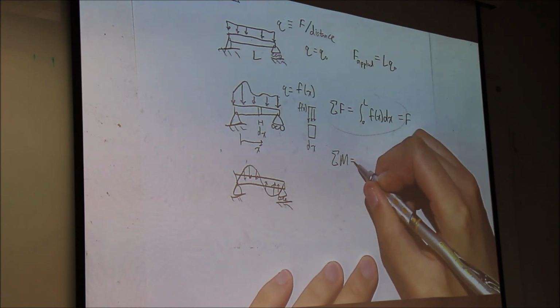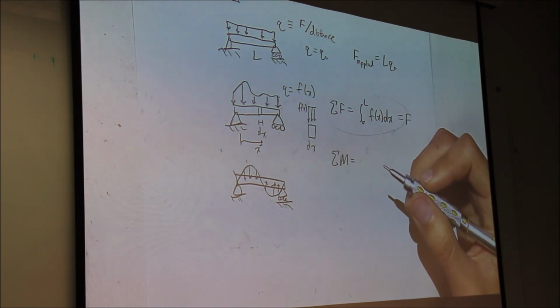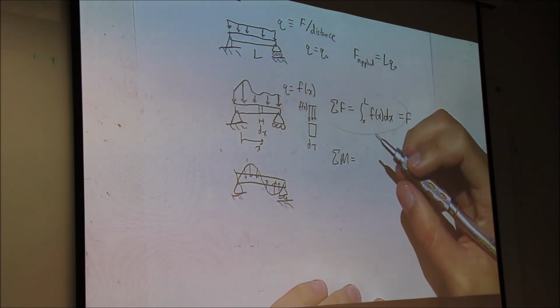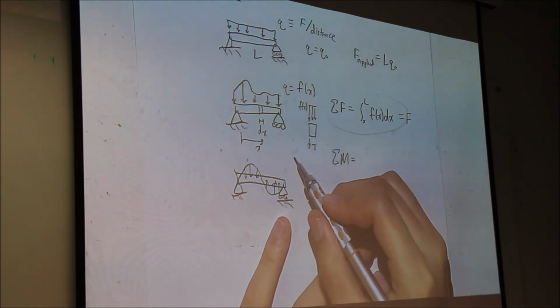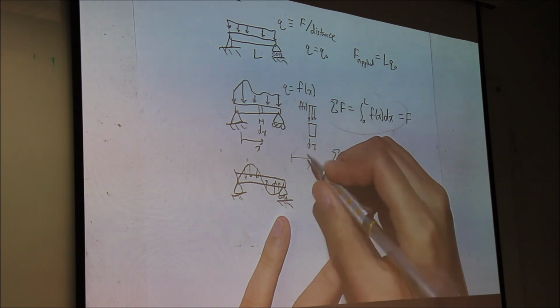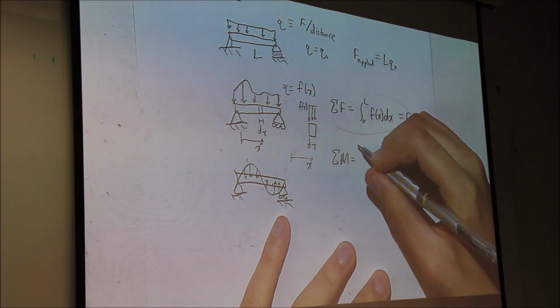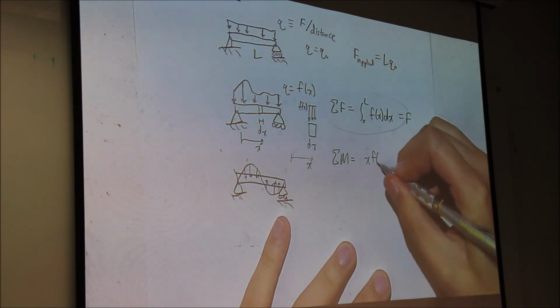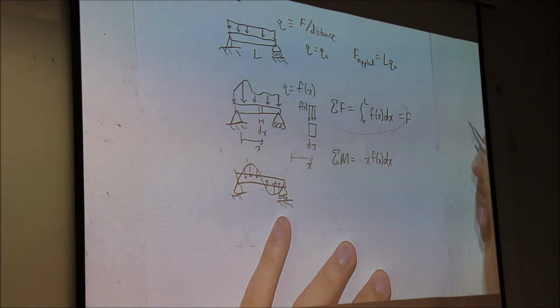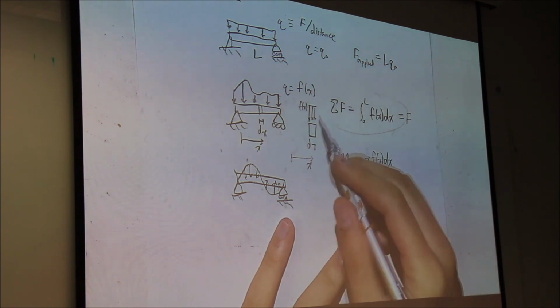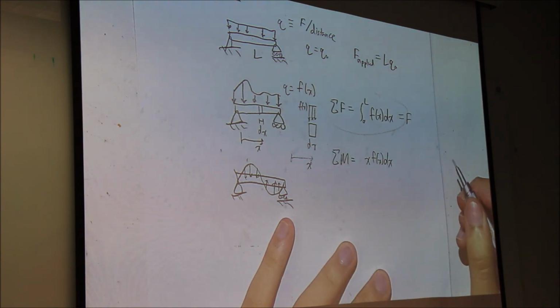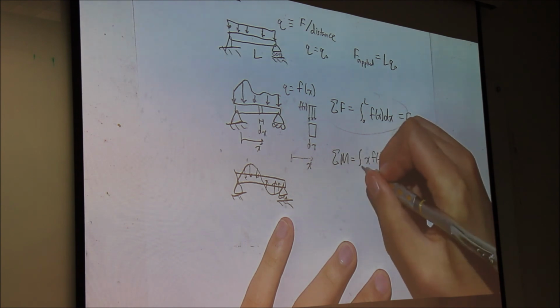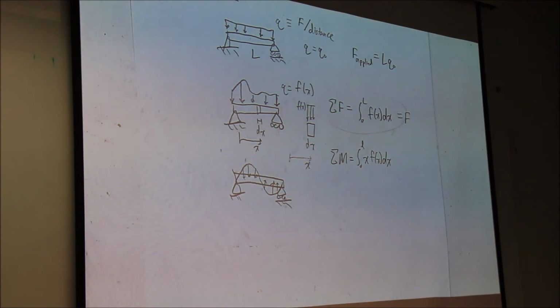Summation of moments is going to be equal to, since this is some distance x away from the original point, x times f of x dx, because this is the force on this little guy, and we will integrate him again from 0 to L. And that will give us the moment at every point.